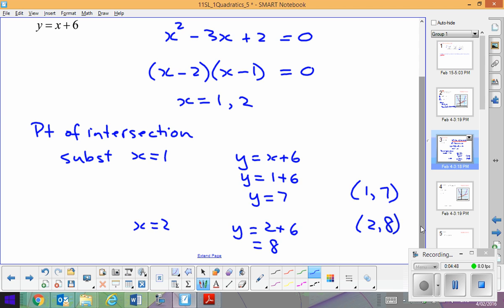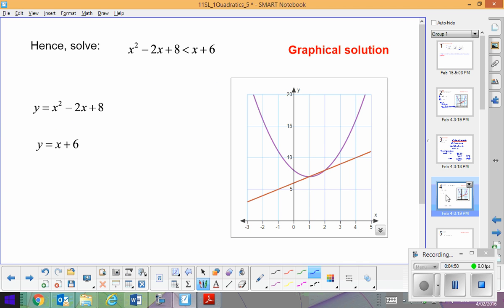There are times that they will then do a further part and say, hence solve this inequality. The point of that is that you already have worked out your point of intersection between these two functions. The question is, where is this function greater than this function? And if you look at your graph, you're basically saying, where is this line, the linear function, above the quadratic?